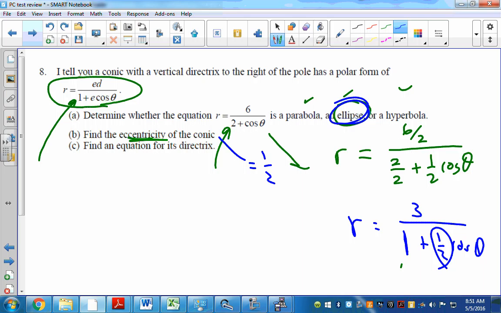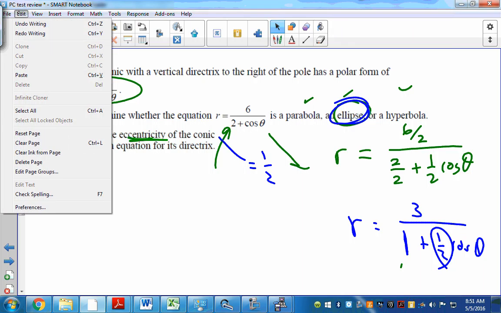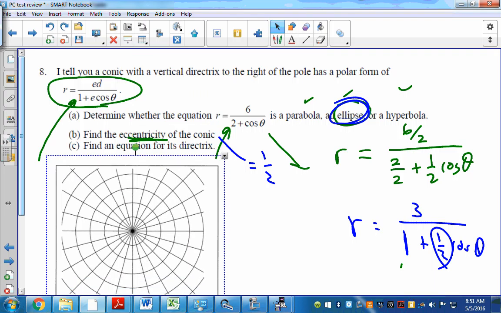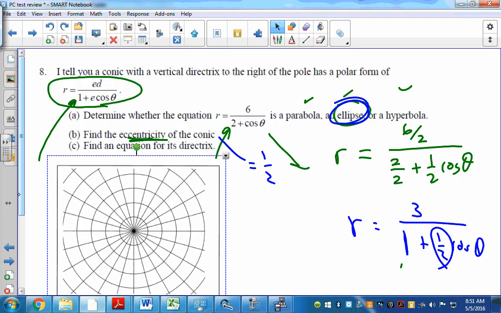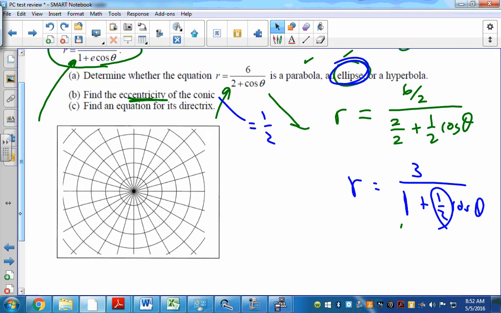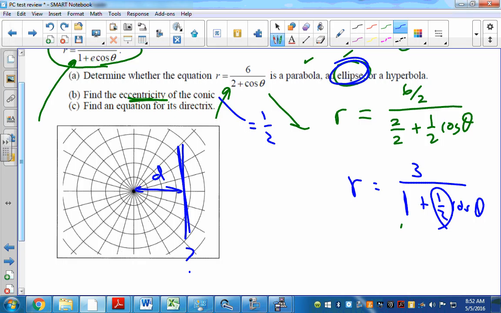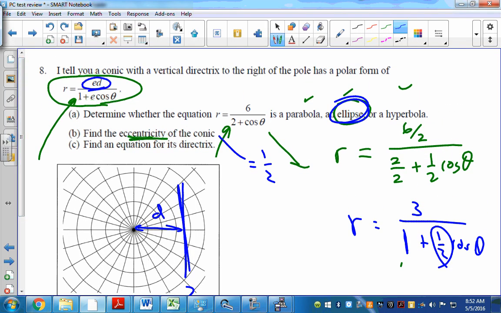And let's get the equation for the directrix. Once again, we'll look at our grid here. Now the problem does tell us this is a vertical directrix to the right of the pole. So we're somewhere over here. And the question is, what's the equation? This distance is d. And in the problem, it was told that the numerator is e times d. So here we are. 3 is e times d.